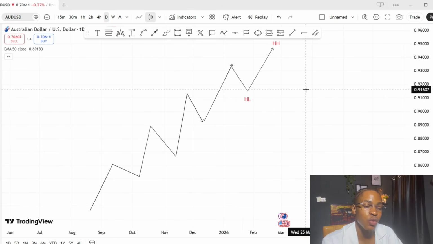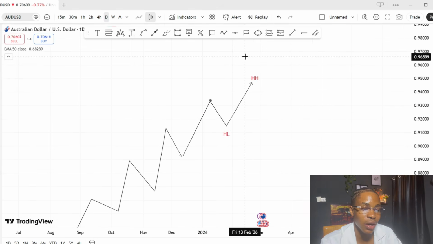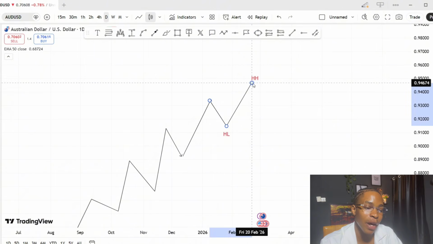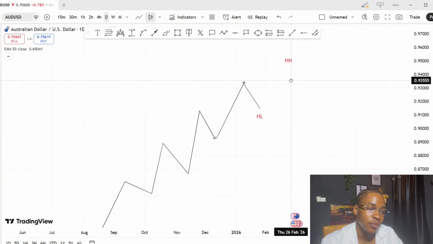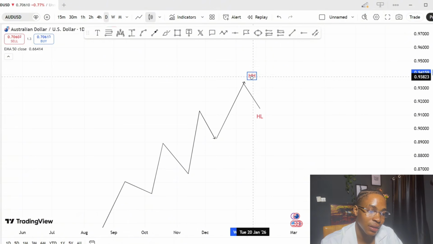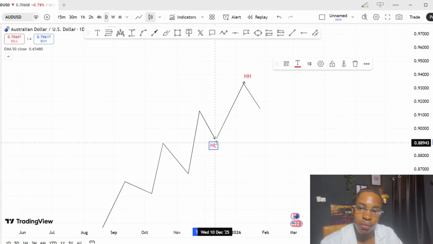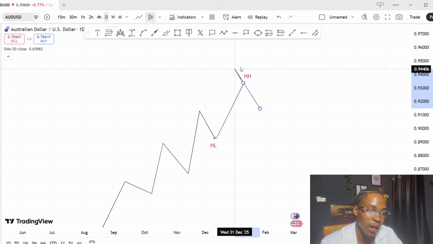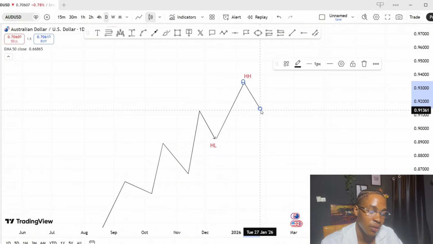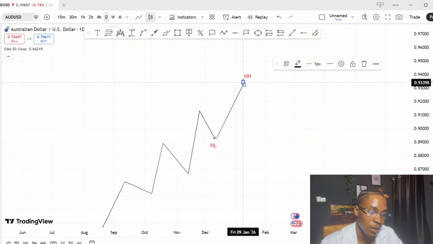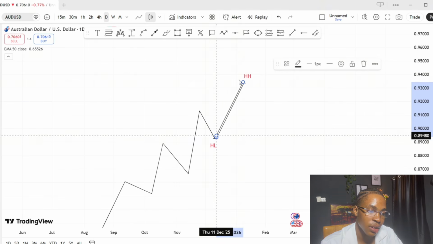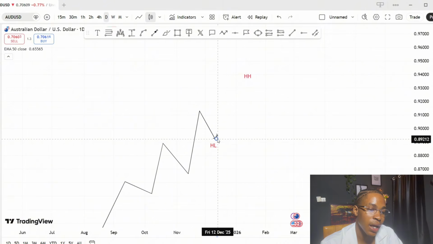So now these two things create an uptrend, right? Previously, if you look back, this was the highest high, and this was the highest low. And if you collect all these things back again, where is the highest high?